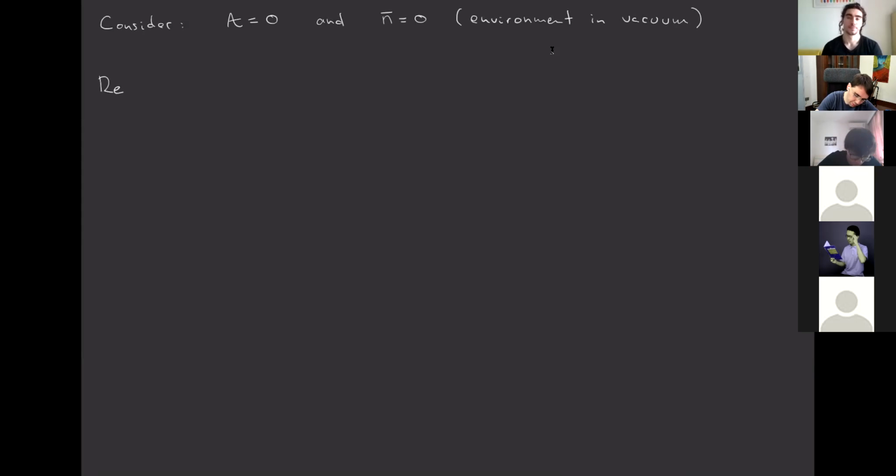For this, the first thing I need you to remember is that the atomic state can always be expanded in terms of the identity and the Pauli operators with some coefficients that we call the Bloch coefficients or the Bloch vector.